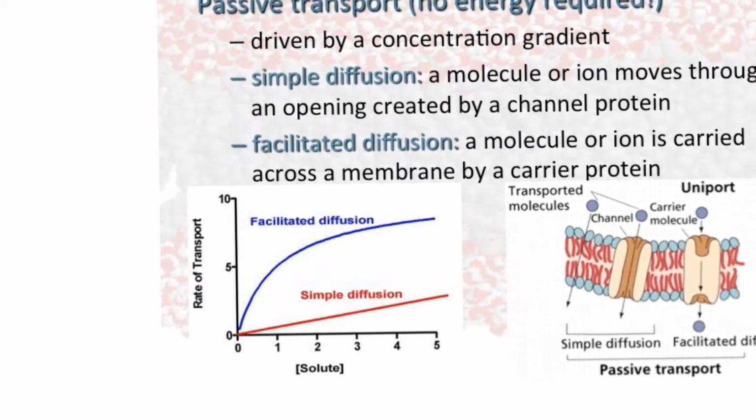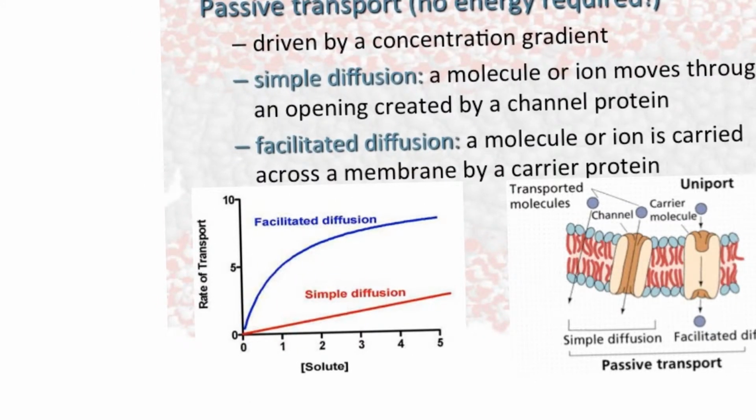One way that you can characterize this kinetically is if you look at the rate of transport as a function of the concentration of the solute you're trying to transport. If it's simple diffusion, it's linear, and so it just keeps increasing as you add more solute to the exterior. Whereas if it's facilitated diffusion, you're going to see a hyperbolic function.